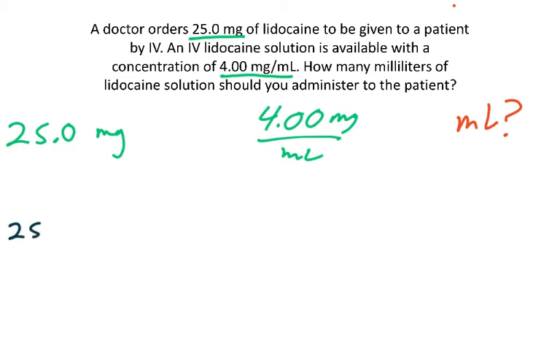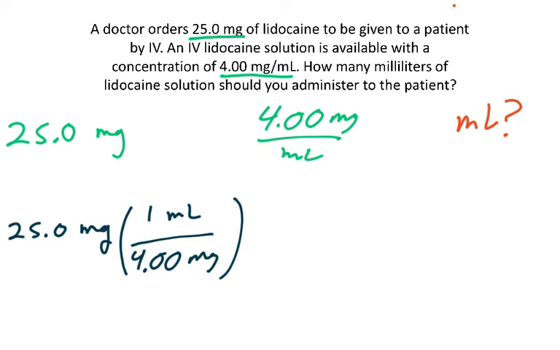So we're still going to always start with the known quantity, and then we'll adjust the conversion factor as needed to get the result. So here we need to flip the concentration, right? We have 1 milliliter contains 4 milligrams.